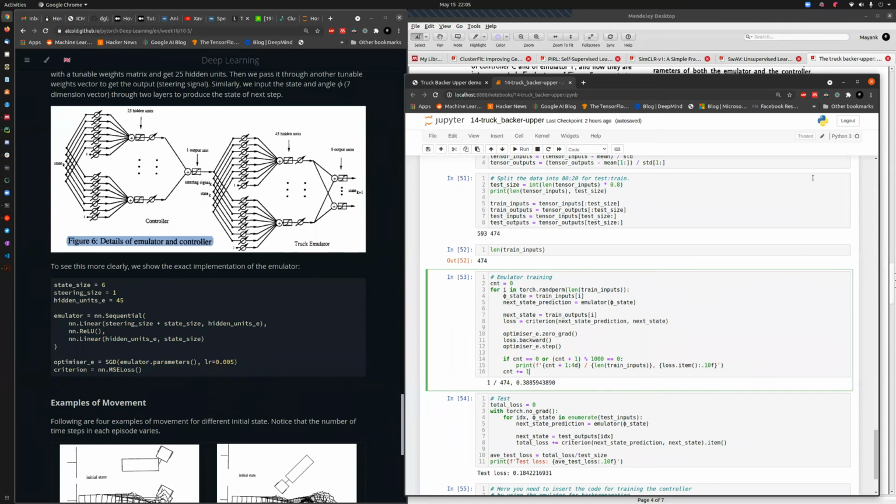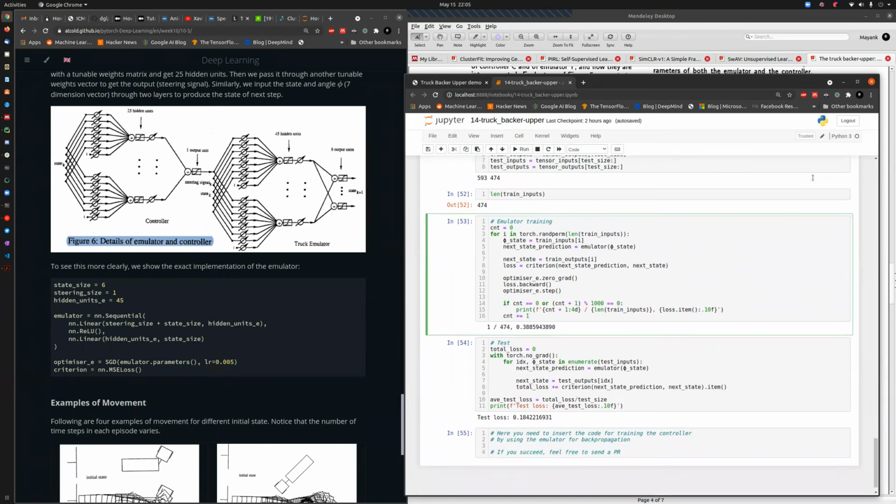So when he talks about back propagation through the emulator into the controller, what does he mean? Because other than predicting the next state, the emulator is not doing anything, right?